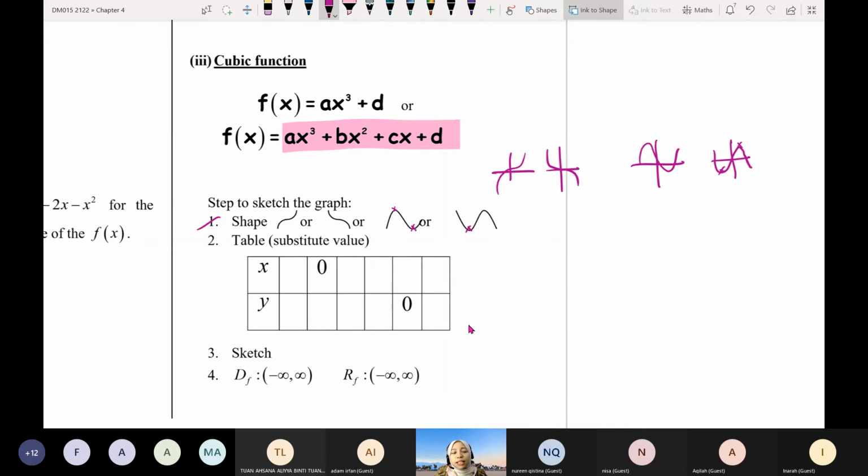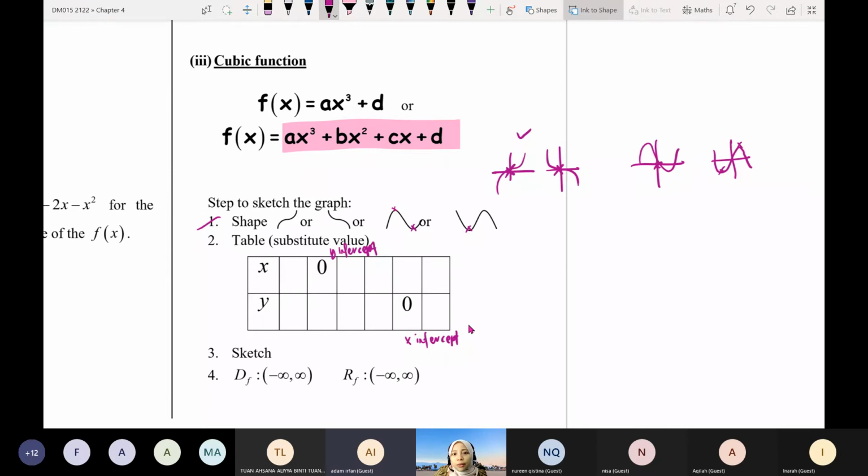So apa yang you kena buat adalah you cari intercept. When x equals to 0, you are looking for Y-intercept. When y equals to 0, you are looking for X intercept. So ada berapa X intercept dalam ni? How many X intercept for this graph?